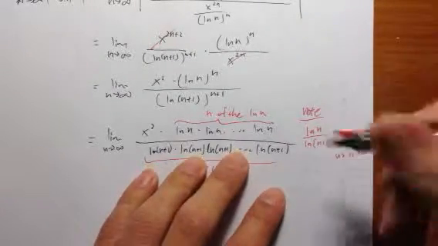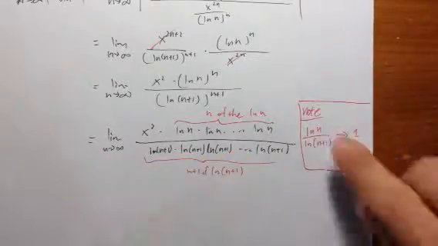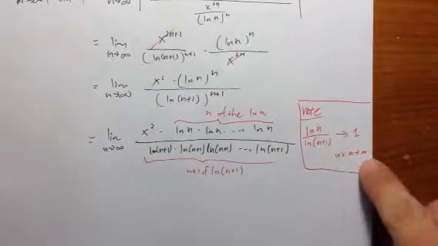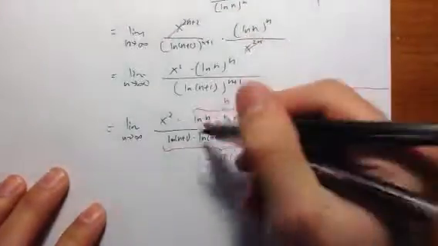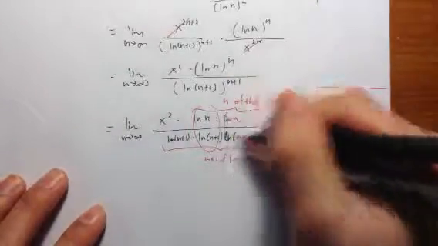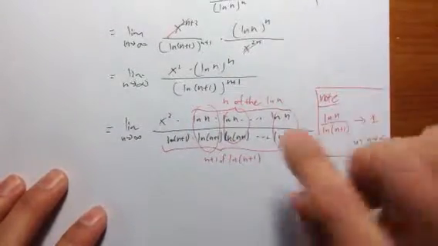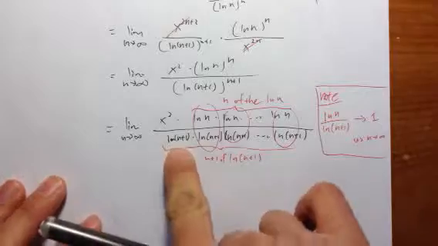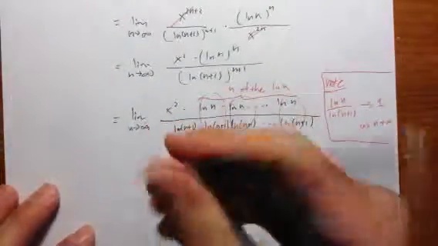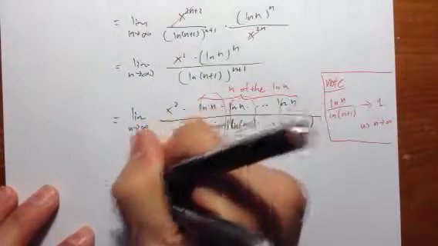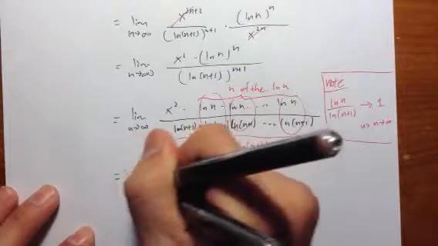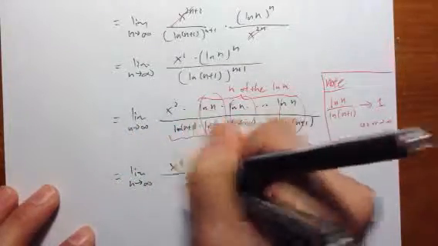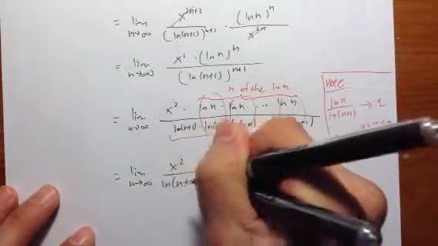The plus 1 doesn't really affect anything when n gets large. So these factors go to 1, all except for one of the ln(n+1) on the denominator. So all this turns out to be the limit as n goes to infinity of x squared over ln(n+1).